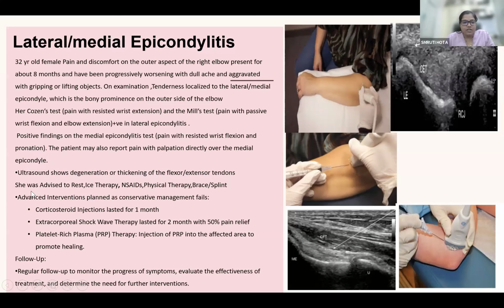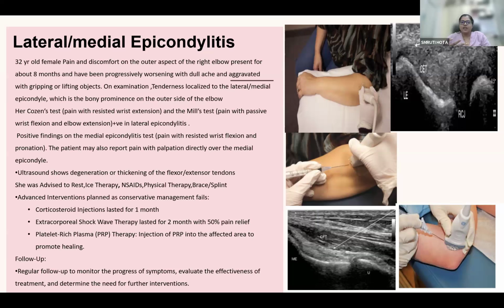Initial acute lateral or medial epicondylitis should be treated with the RICE protocol: rest, ice, and some analgesics like NSAIDs, physical therapy, and a brace or splint. It comes as a tennis elbow or golfer's elbow brace.